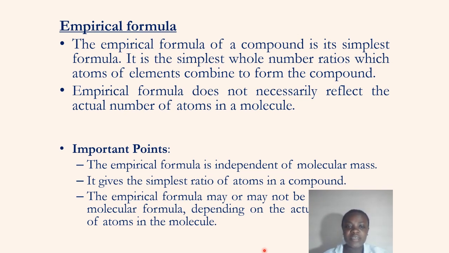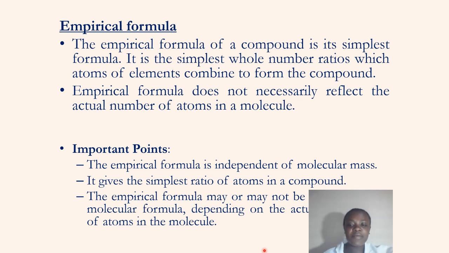Sometimes we round a decimal to a whole number, or we multiply by a particular number to make it a whole number. That's why the formula does not necessarily reflect the actual number of atoms in a molecule.